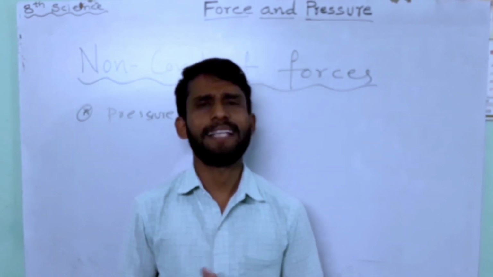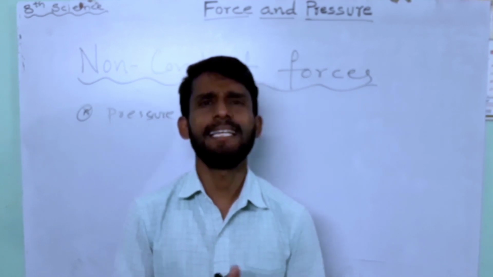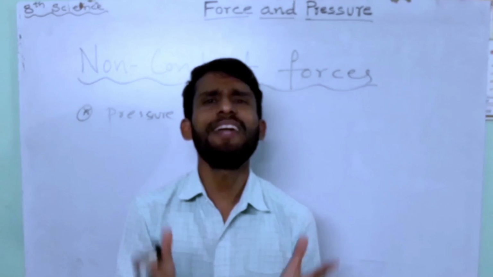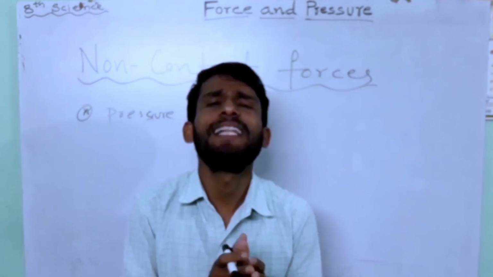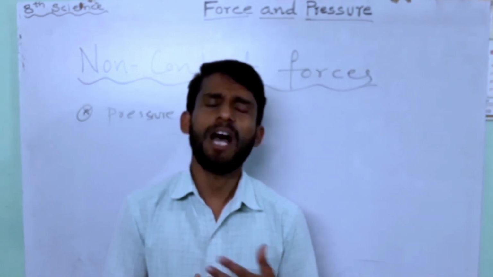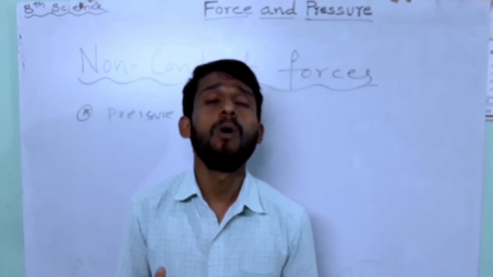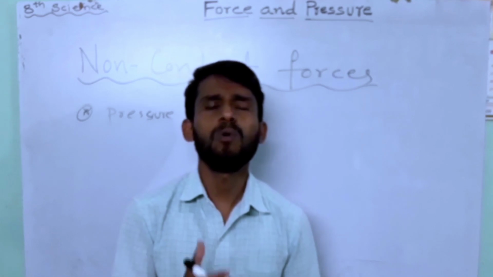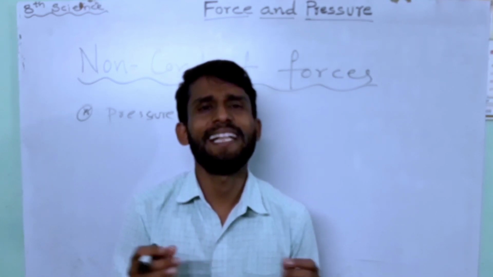Dear student, next example: camel. A camel can walk easily over the sand because it has wide feet, which allow it to walk on the sand very easily. We human beings also have feet, but we can't walk very easily on the sand because the area of the surface of our feet is very small.